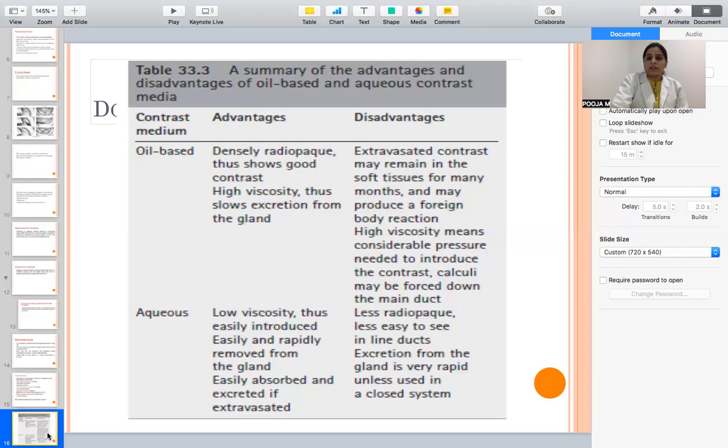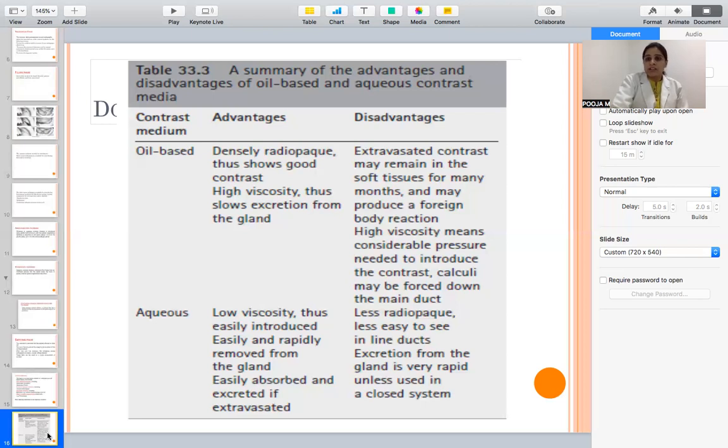As it is highly dense, this contrast medium tends to be retained within the tissue, so it may cause an allergic response in patients, as it is retained within the tissue even after the emptying phase. That is one disadvantage. The second disadvantage is that it is highly viscous, so a high pressure is needed to introduce this contrast medium within the duct. So these are the advantages and disadvantages of oil-based contrast medium.